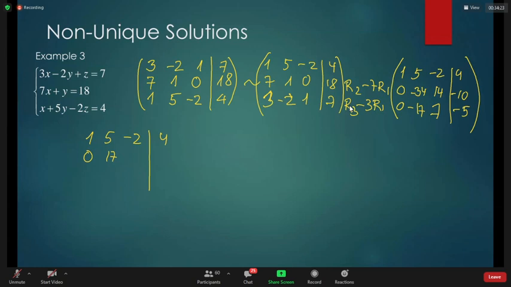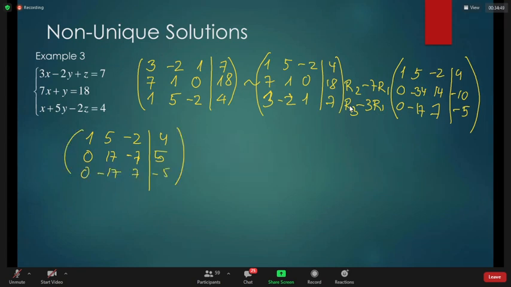So 14 divided by minus 2 is minus 7. And minus 10 divided by minus 2 is 5. And then we have 0, minus 17, 7, minus 5.